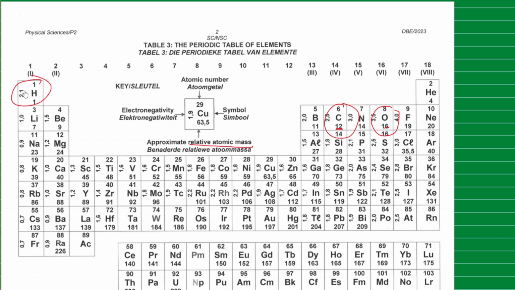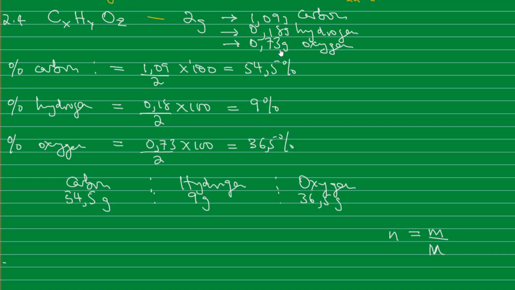We divide by that number because we want to find the number of moles. The reason we are calculating all these ratios is because we want to find what is called the empirical formula.